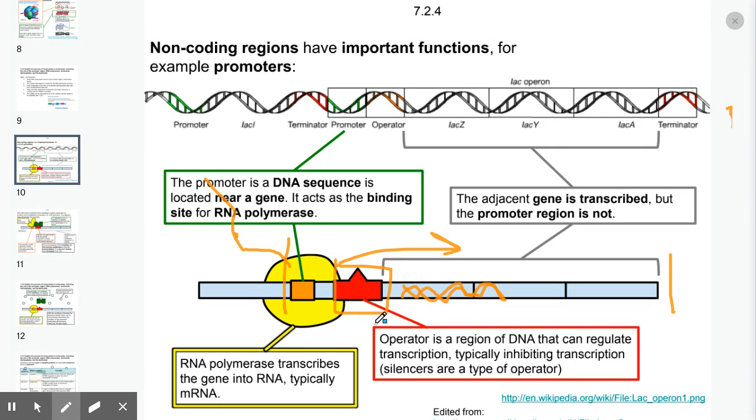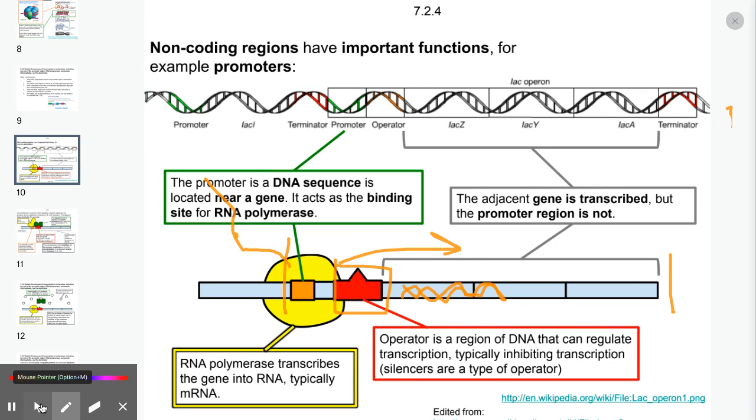You have this thing called the operator where you can have inhibitors or enhancers connect to inhibit or increase the rate of transcription. You have this area here that's our gene that has a genetic code. And at the end here, you have this thing called the terminator where the RNA polymerase knows to release and knows that its job is done. So we did talk about DNA, about how only 1.5% of it makes up stuff that seems useful. But a lot of this other stuff plays this role, right? Promoter regions, operators, terminators: they're not the genetic code, but they allow the code to be copied.